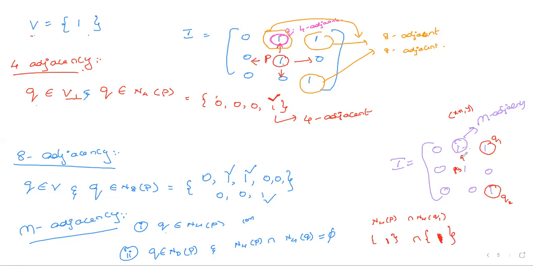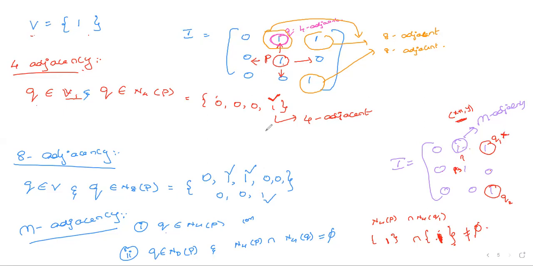I am taking ones only because the predefined set is V equal to 1, so I am not considering zeros. The intersection is available because both ones belong to the position X plus 1 comma y. So the intersection is not equal to phi, so Q1 is not M adjacent.